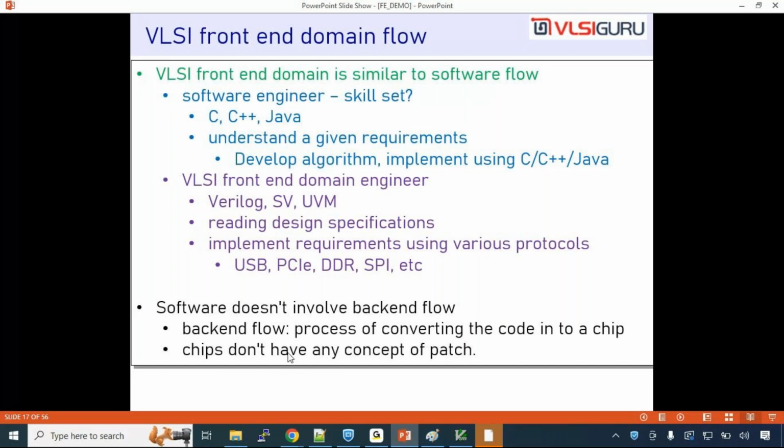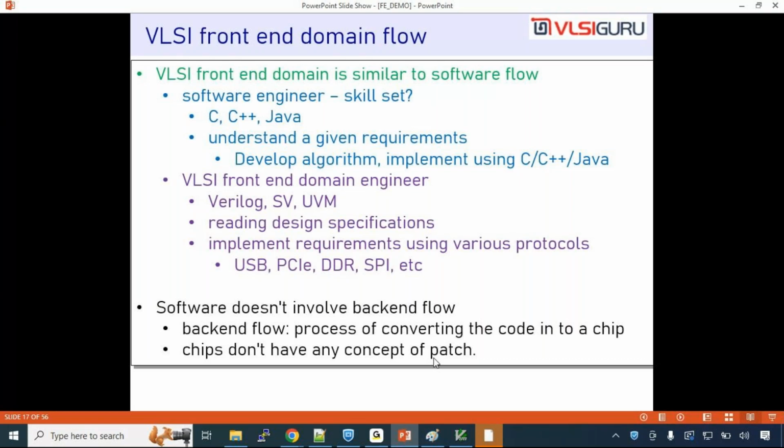One more thing: chips don't have the concept of a patch. The important thing to understand is that in software, if some mistake or issue happens, you can always recover from it. Let's say you go to the bank and, instead of a deposit of 1,000, due to a software bug it shows a withdrawal of 1,000 rupees. Can that bug be recovered? It can be recovered, right? You can just change the transaction details.